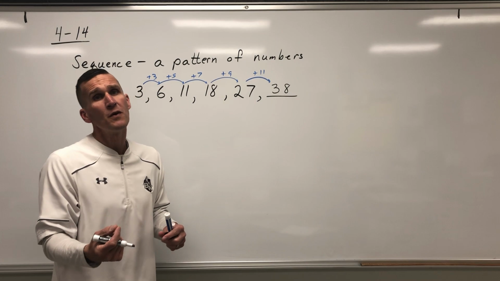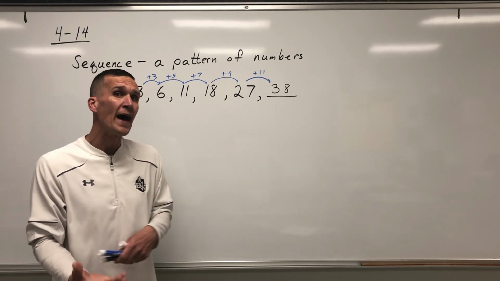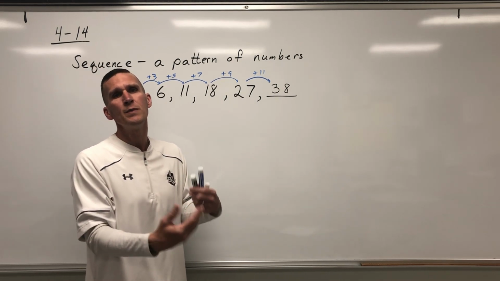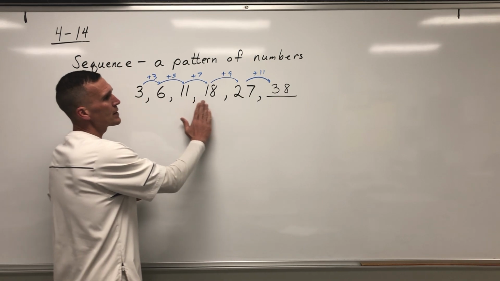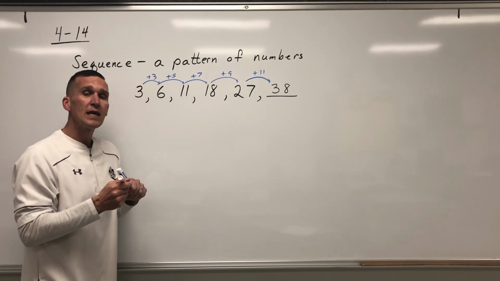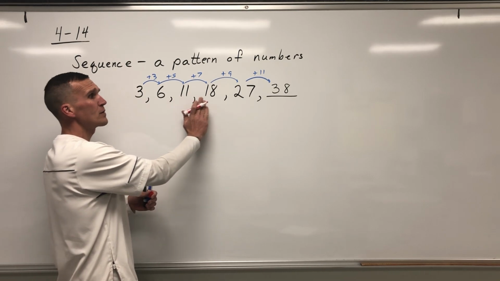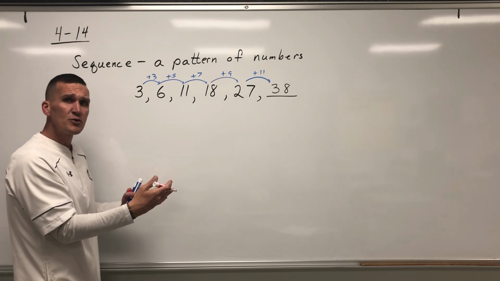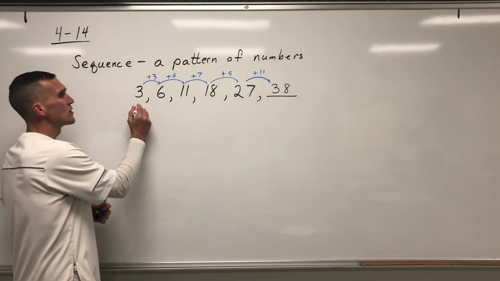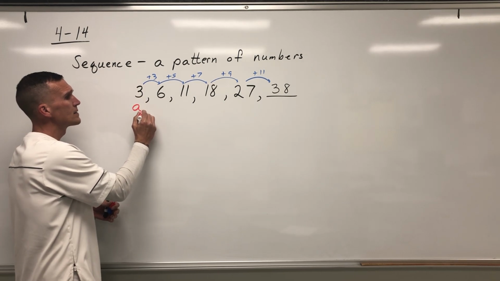What we really want to focus on is the notation of a sequence, what that means, and what's really behind a sequence. Every term in a sequence is labeled by a number. This is the first term, the second term, the third term, the fourth term. So what math people do is they call this a little subscript for which term it is in. This is the first term, so we would describe this as A sub 1.